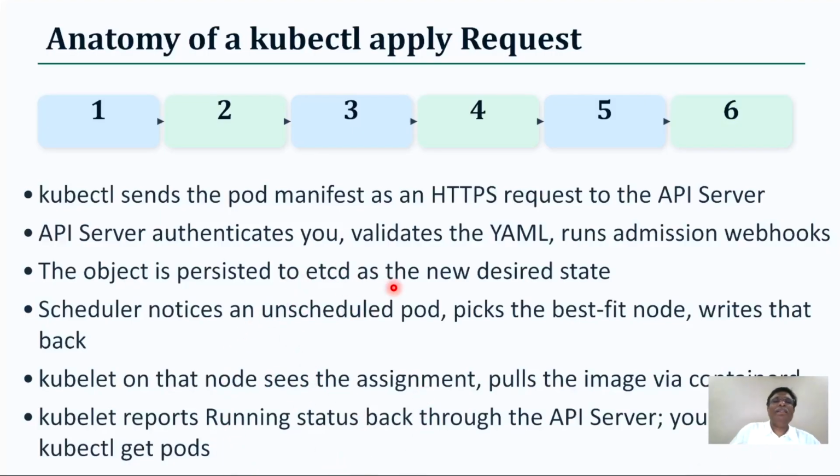So this is the actual 6 stages which happen when you use kubectl to apply a request. And then kubectl reports that this particular pod gets created, and so on and so forth. But this will be clear when we try to run our programs. This is just a theoretical look at how those steps are actually run.